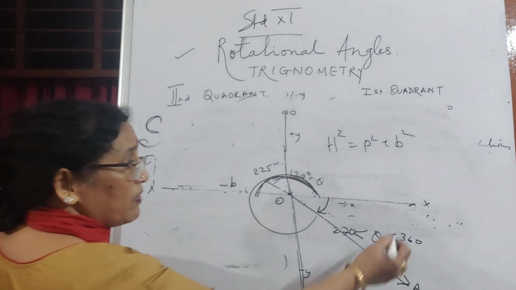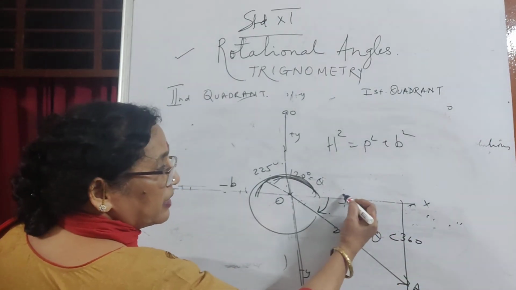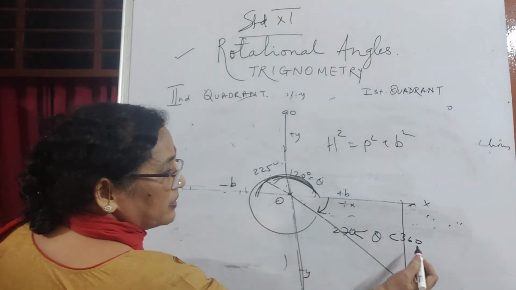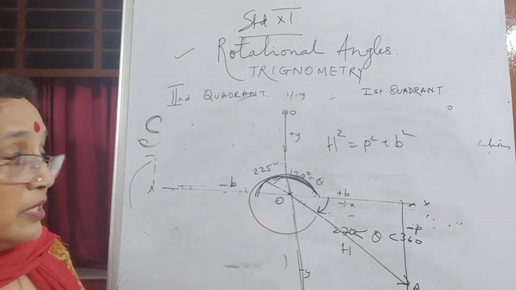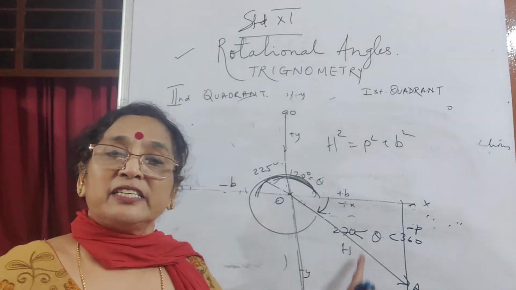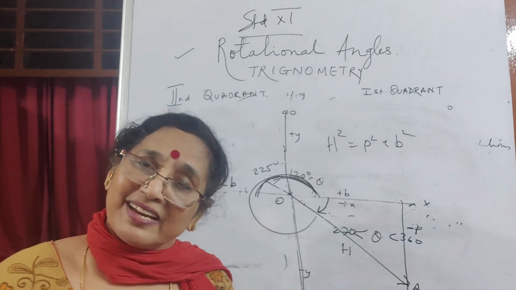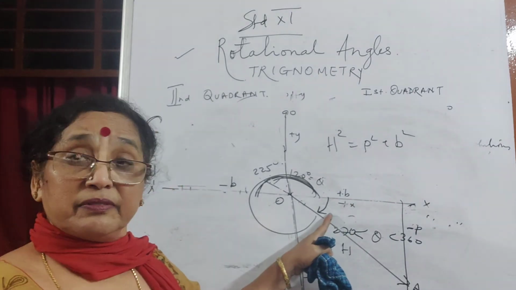So here, now I drop a perpendicular. See, this is base. Base is positive, perpendicular is negative, hypotenuse is always positive. So wherever there's b by h and h by b ratio, that is cos and sec. Cos of this angle.